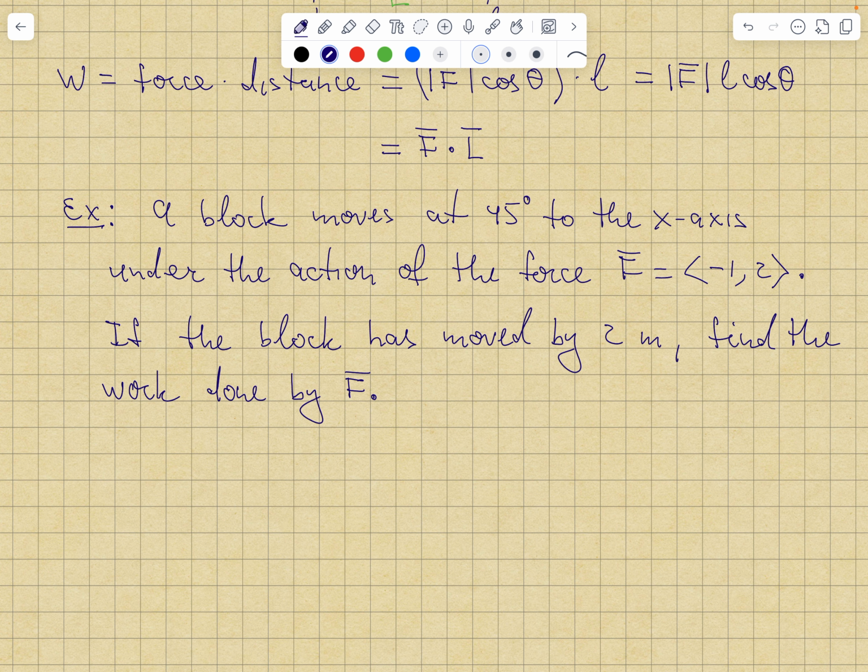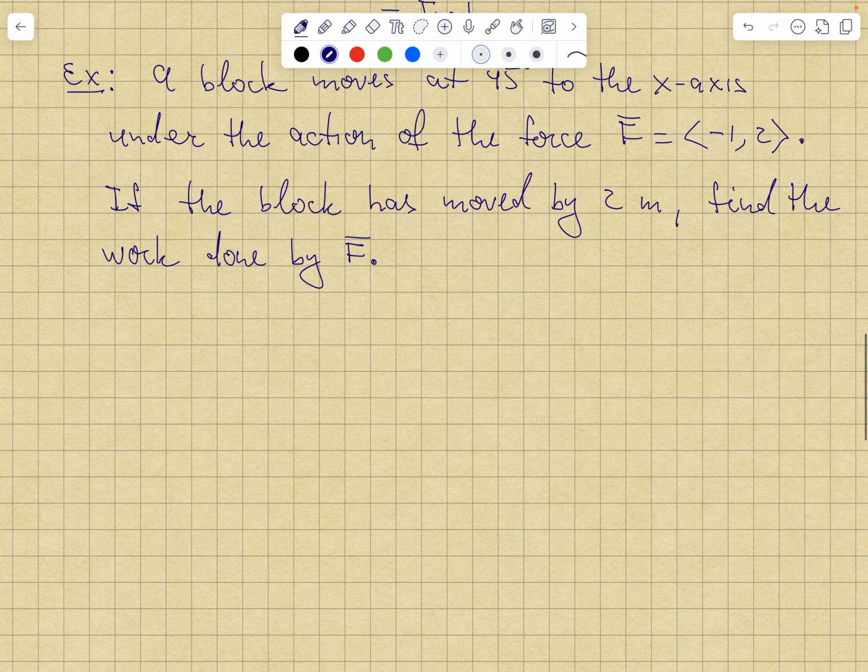And I know that the displacement vector is 2, and I know that the displacement is in the direction of 45 degrees.